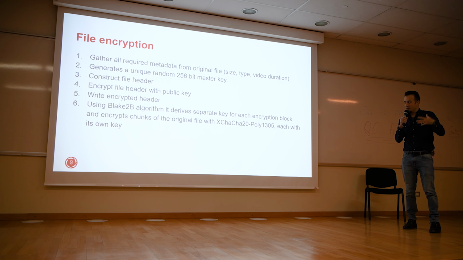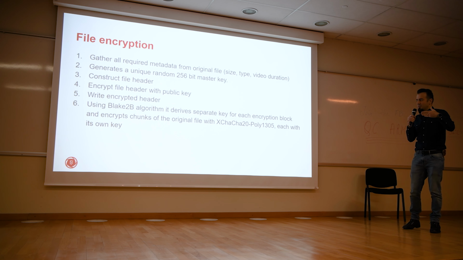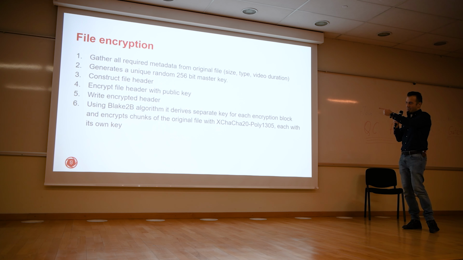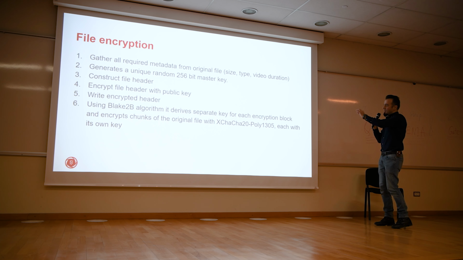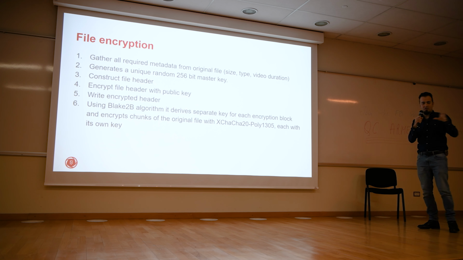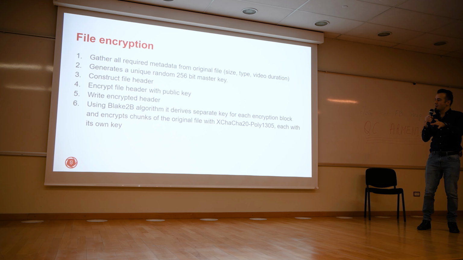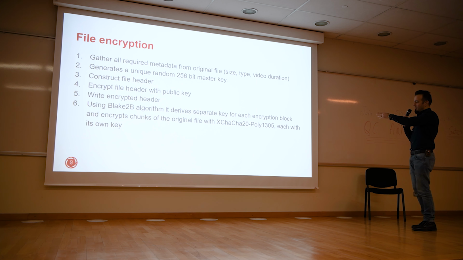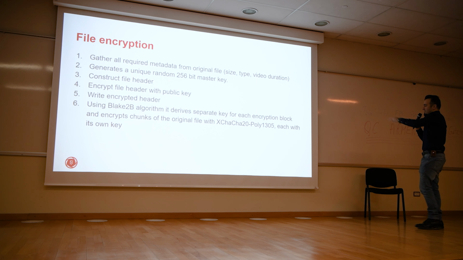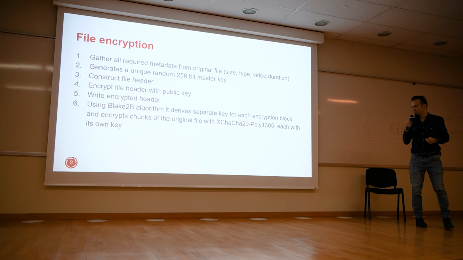We construct the header, encrypt the header with the public key, and write the encrypted header, and using the Blake2b algorithm, I'm not going to dive into it right now, we derive a separate key for each encryption block. So we encrypt the data of the file in blocks. I will explain now why. And we derive a separate key for each block and do our encryption with the aforementioned XChaCha20-Poly1305 algorithm.